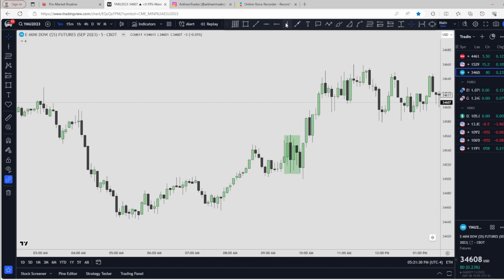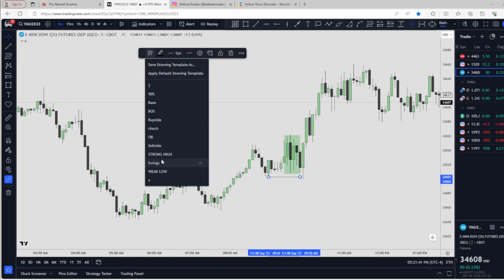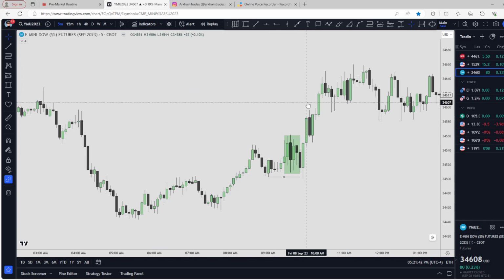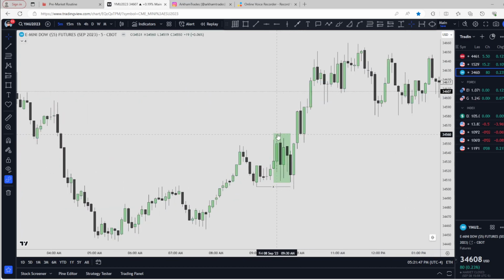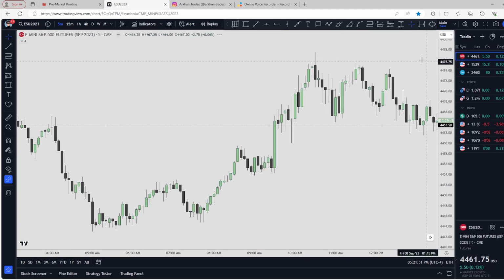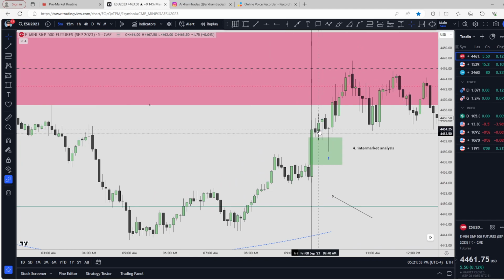And it wasn't until 9:55 did Dow Jones come down, stop hunt these lows, and then start moving higher. So until the Dow Jones started moving higher, I was not going long. When easily I could have gone long right here, and I could have easily got stopped out as well.